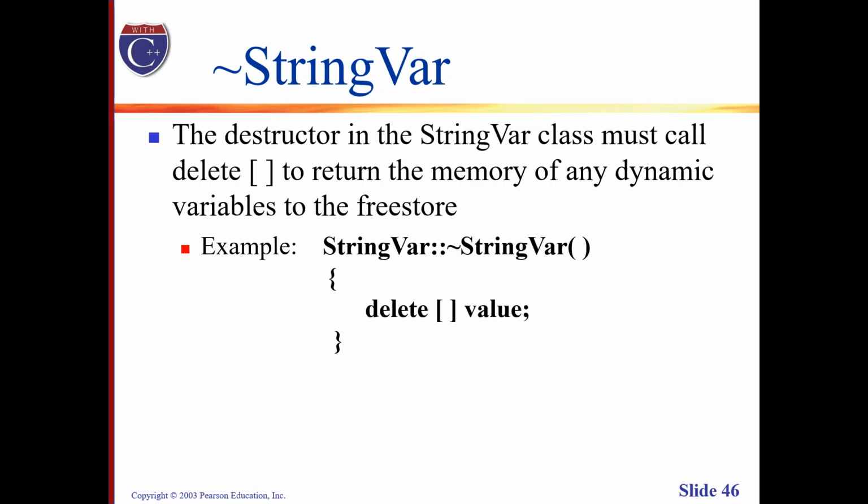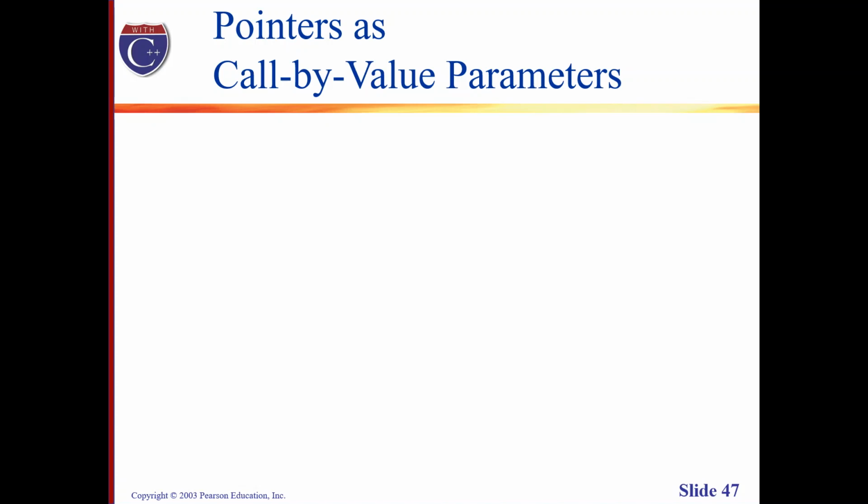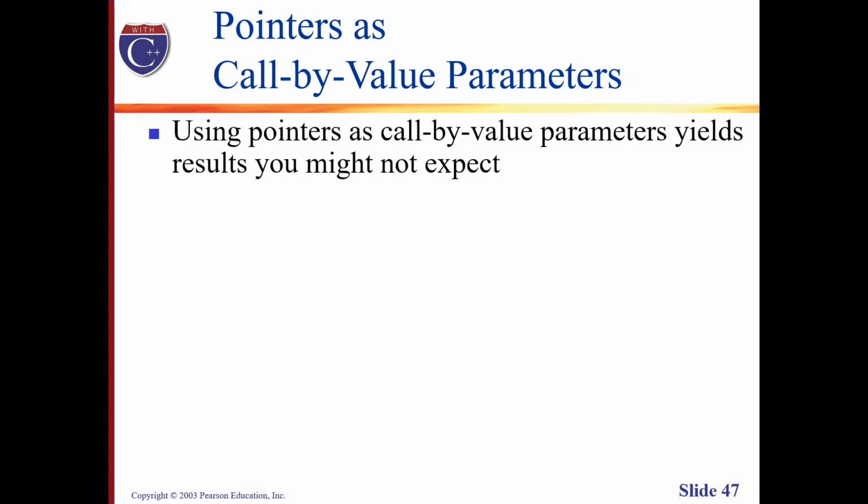Here's an example that we have seen a while ago. And of course, there are also instances that we use pointers as call by value parameters. Using pointers as call by value parameters yields results that might not be expected.